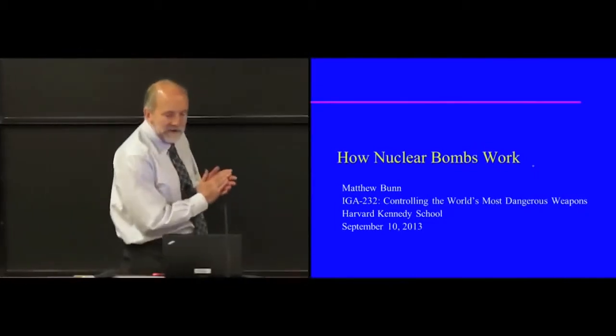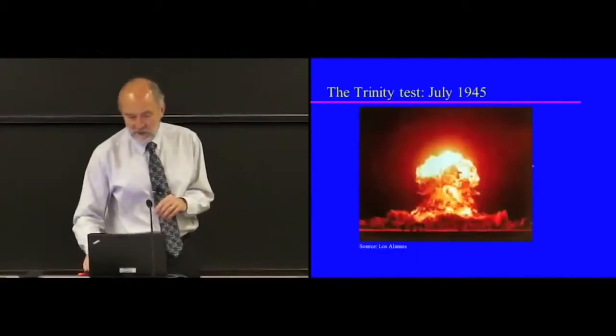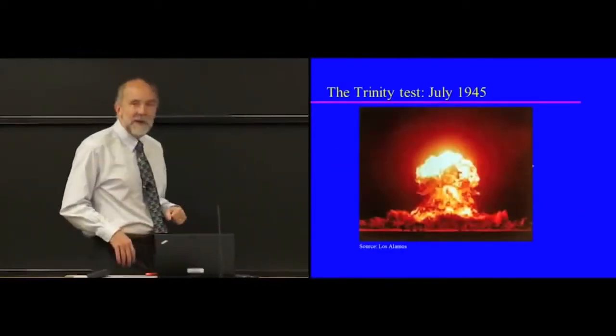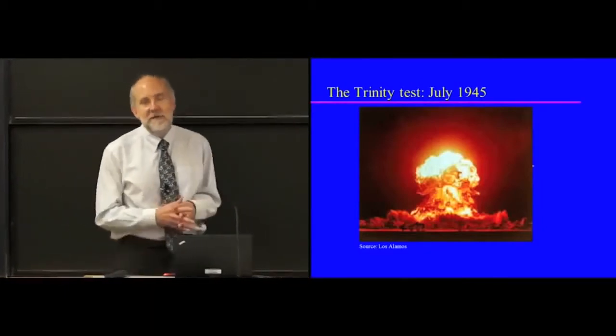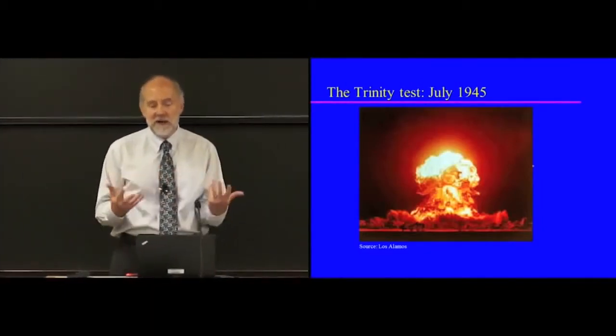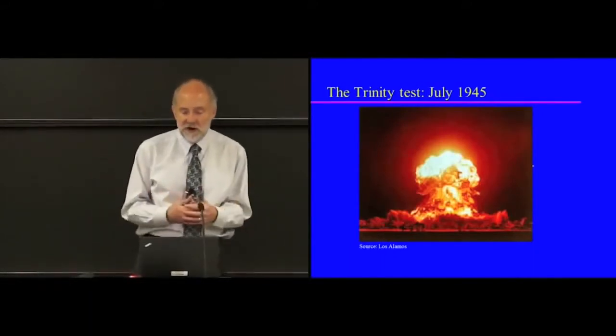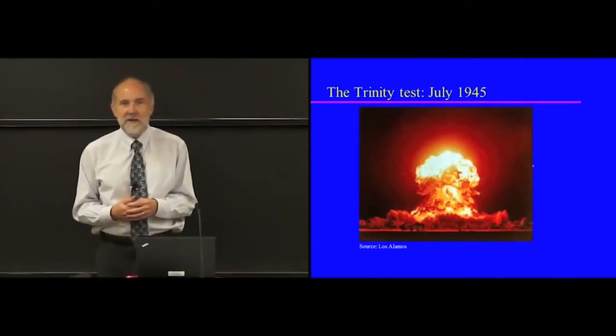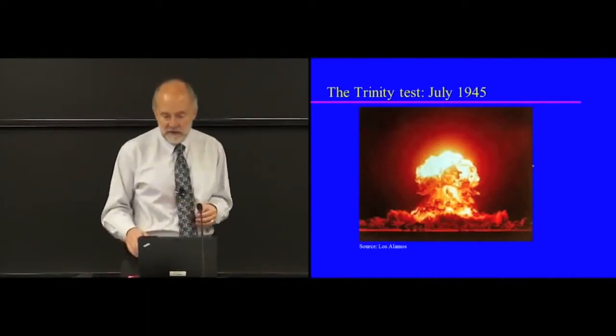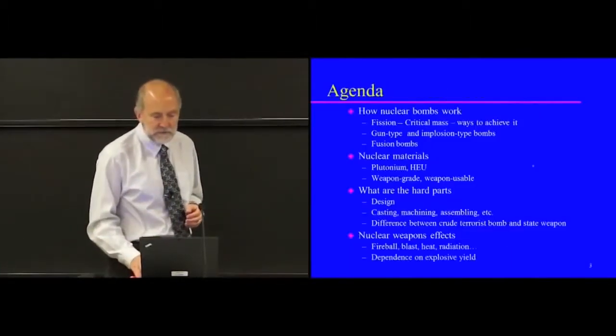Okay. With that said, let's get started. First of all, just to remind us what we're talking about, this is an image of the Trinity test, the first ever nuclear explosion. It was a huge ball of flame, unlike anything that had been seen on Earth before.